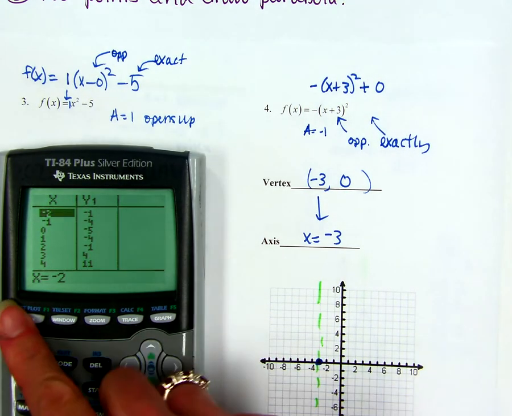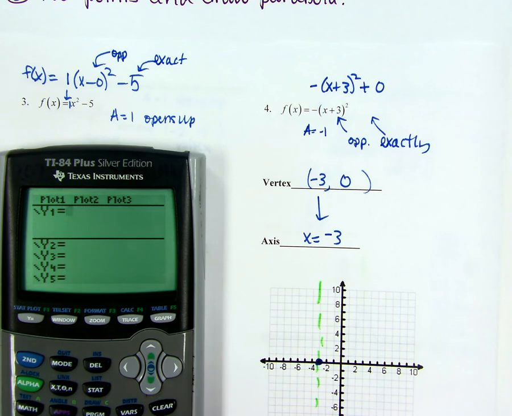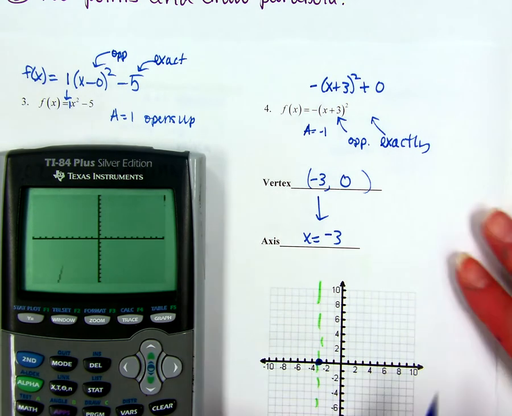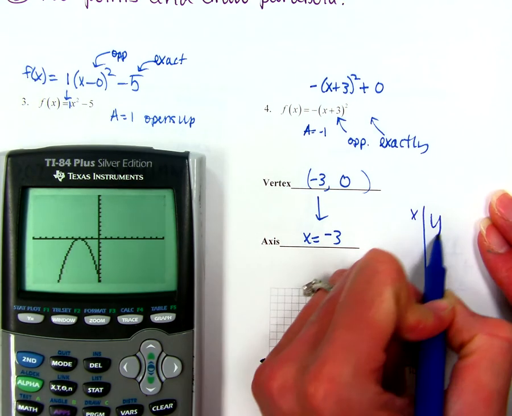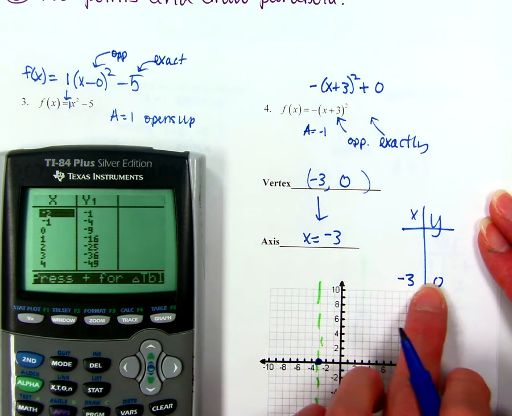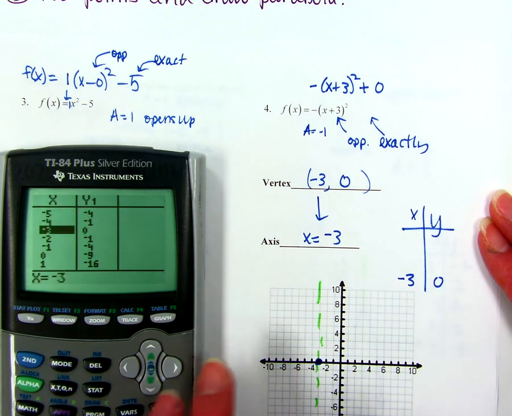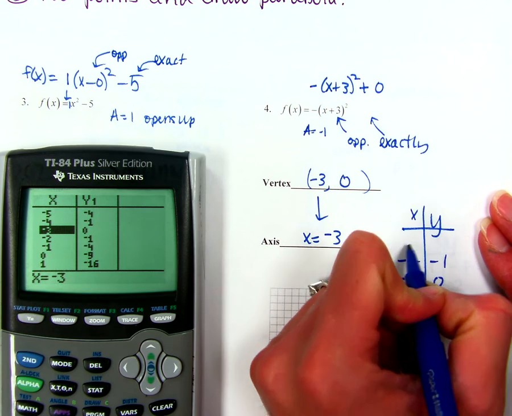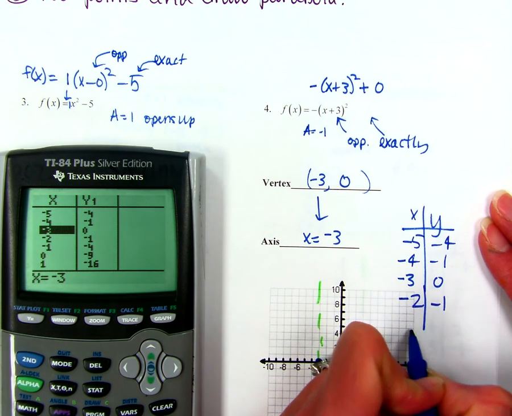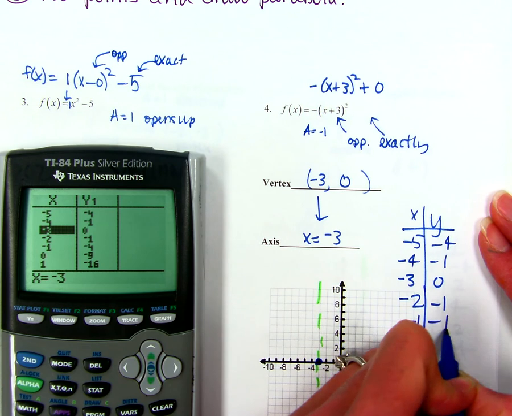And then I'm going to go to y equals. I've got negative (x plus 3) squared. And there was nothing else. You could write plus 0 if you really want to. And it opens down. So I know I need to go on my table, find negative 3, 0, which is here. I have negative 4, negative 1, negative 5, negative 4, negative 2, negative 1, and negative 1, negative 4.